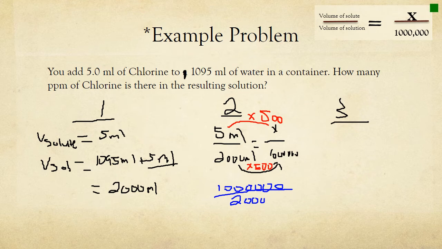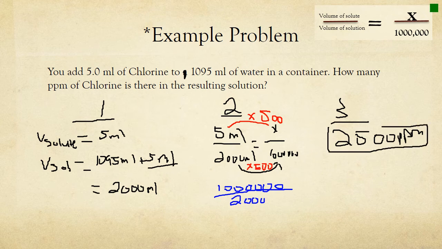So we take 500 and multiply it by 5, and we get 2,500 parts per million as our answer. What I always tell people is it's a very good idea to put a box around your answer and let your marker know that this is the answer you're sticking with. I hope that helps, and that's how you calculate parts per million.